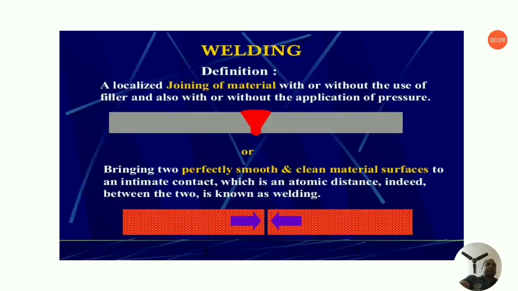So today is our first class on advanced welding technology, and I hope you have already heard this welding term. It is a very common term and sometimes also known as the fabrication process, which includes various joining processes like welding, riveting, brazing, soldering, and many more.